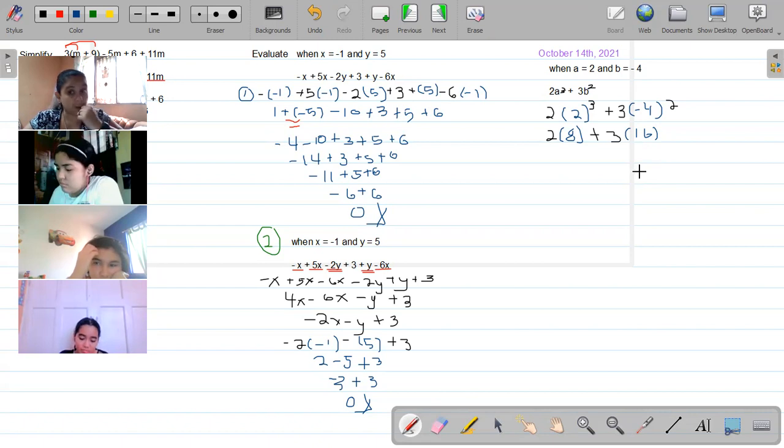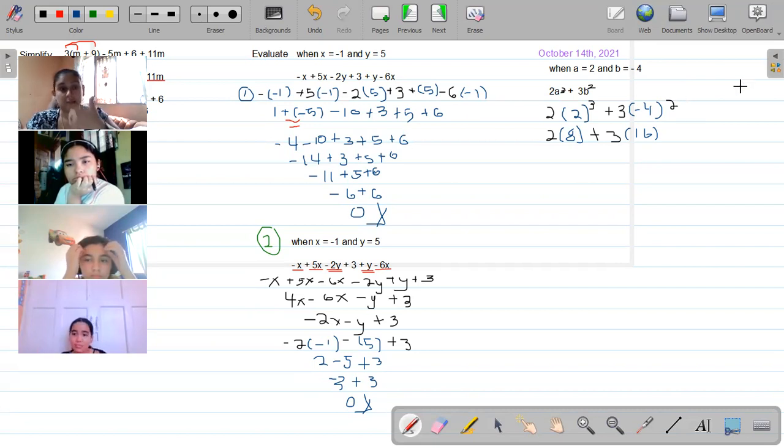Now this is the other thing that I want you to remember, okay? Every single time that I have a negative sign inside a parenthesis affected by an even exponent, remember even numbers, 2, 4, 6, 8, 10, and all of those that can be divided by 2 perfectly, those are even numbers, the result will always be positive, because negative times negative is positive.